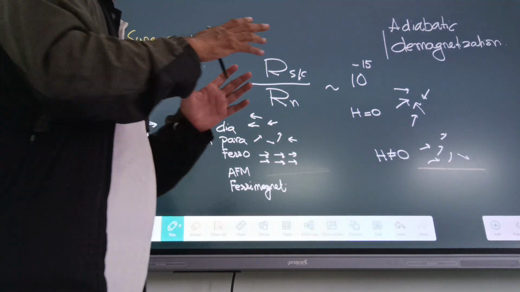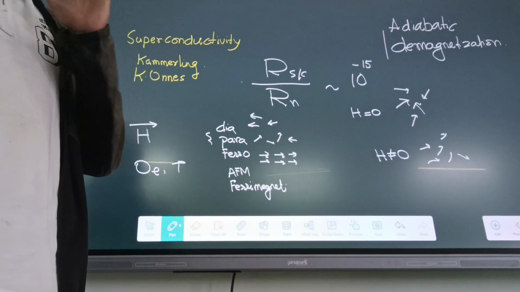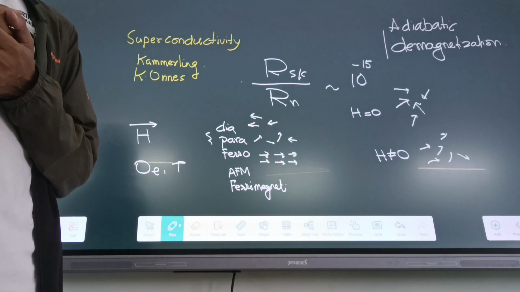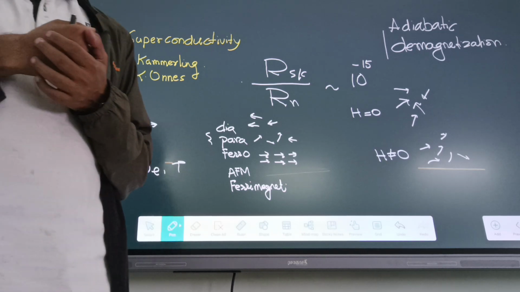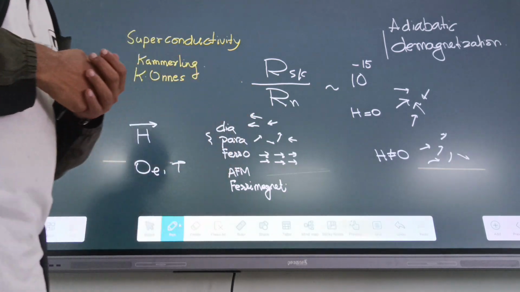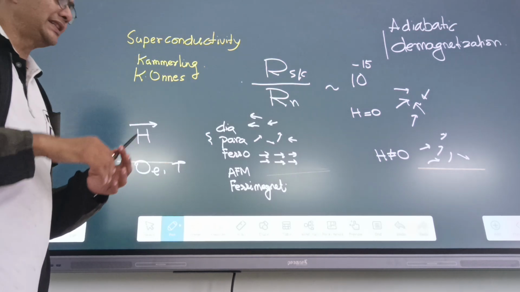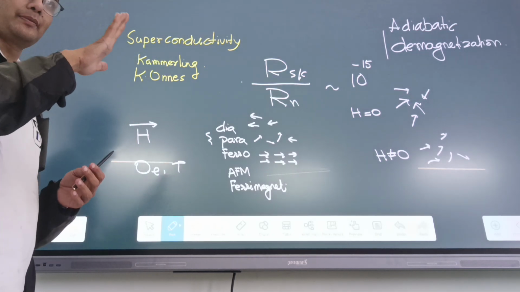Now if you stop the magnetization here and you allow the temperature to go down, right, what will happen? How will the plot look? To change this, a certain amount of energy has been applied.